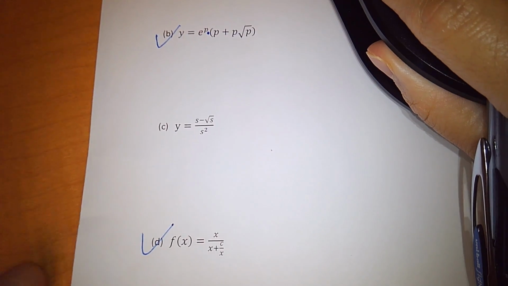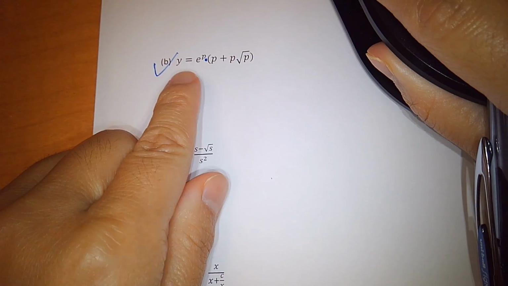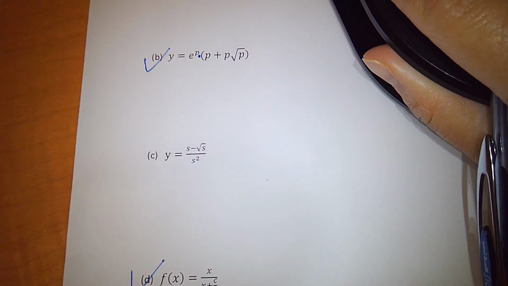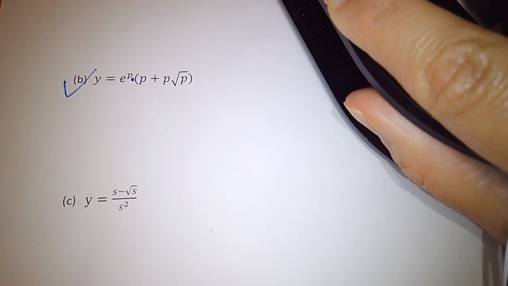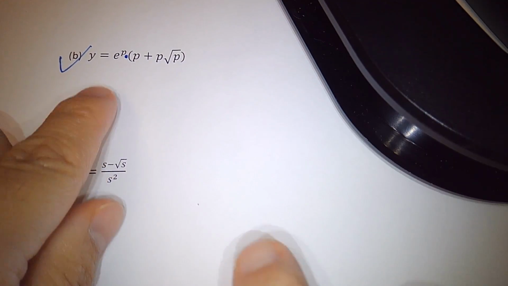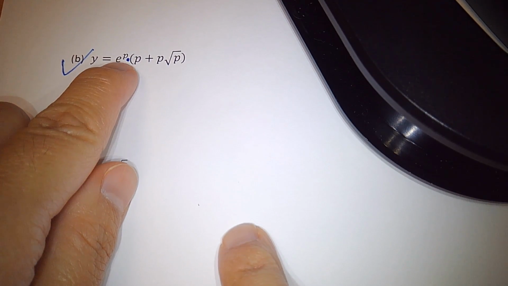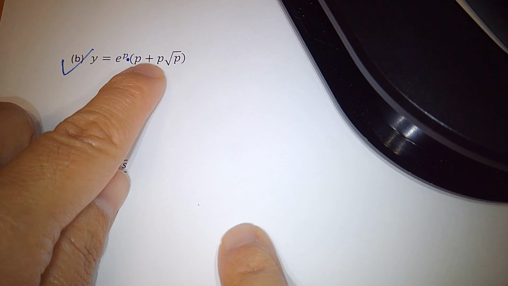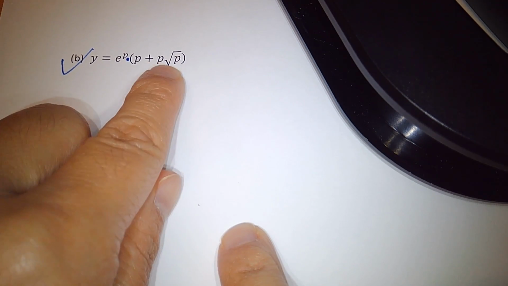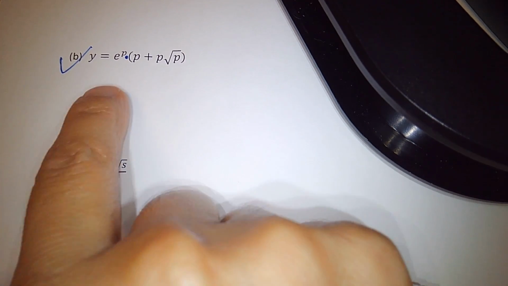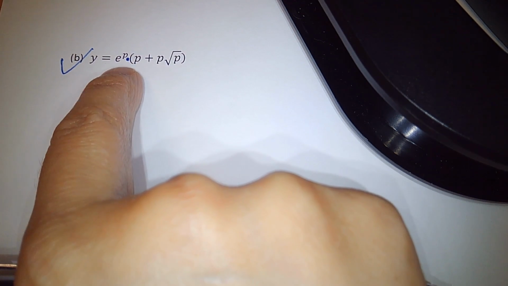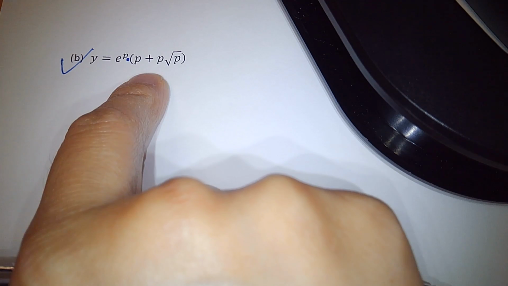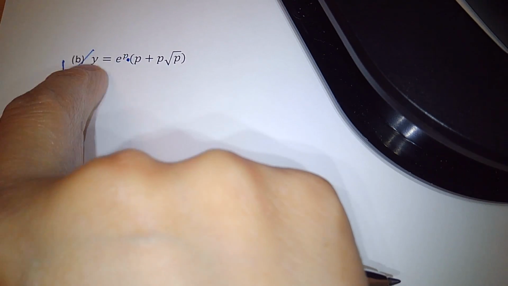Question B: differentiate function y. If y equals e to the p's power times p plus p times square root of p. What is the independent variable in this question? Is it x? No, it is p, right? The dependent variable is y.